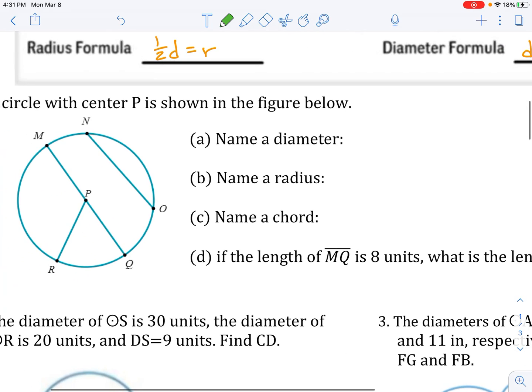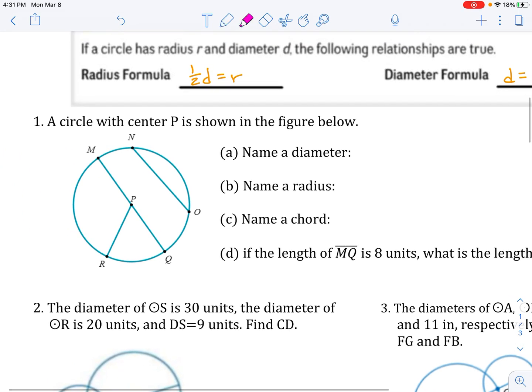All right, continuing. It says name a diameter. If I were to name a diameter, I would say MQ would be a diameter. MQ right there. That's how I would label that. If I were to name a radius, PR would be a radius.